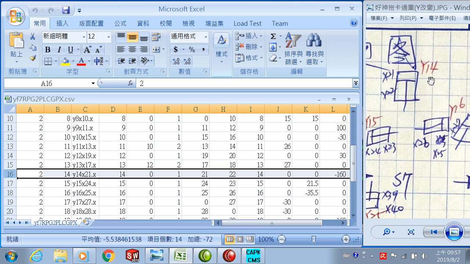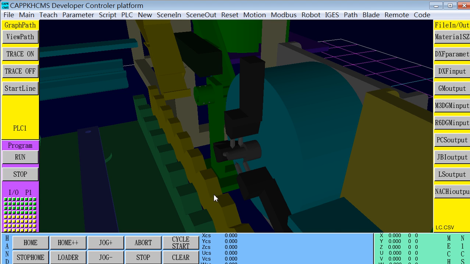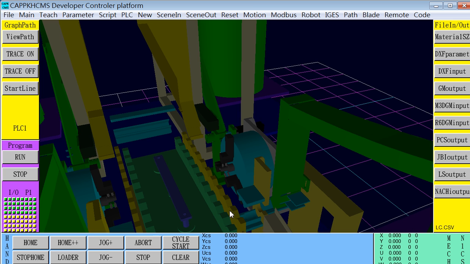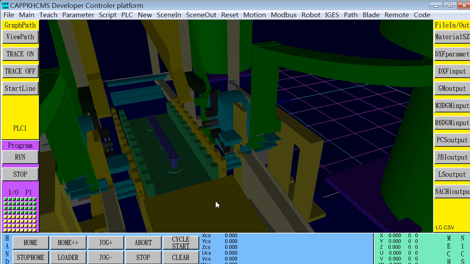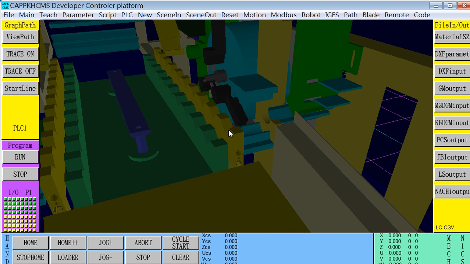Let's see the moving Y14. This way. Okay, Y14 on.